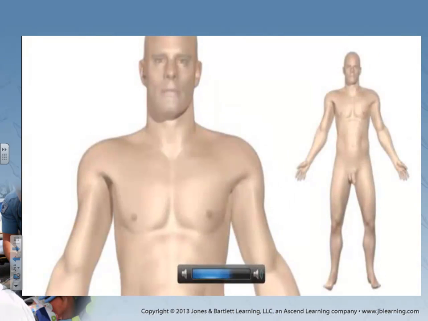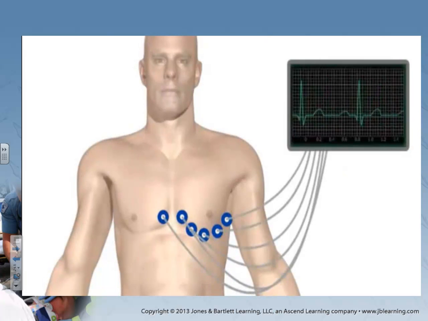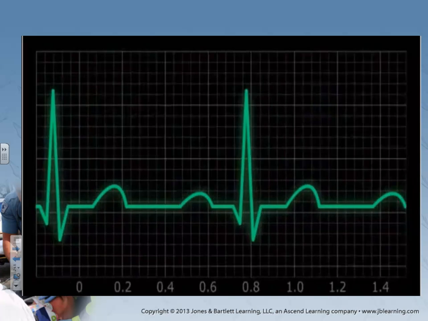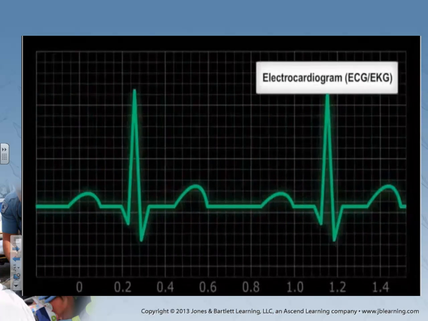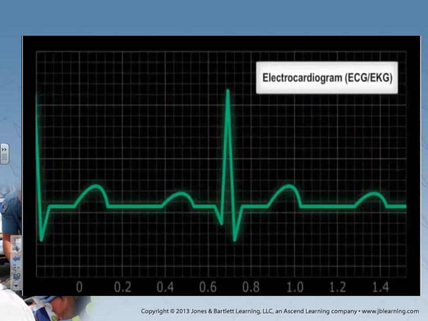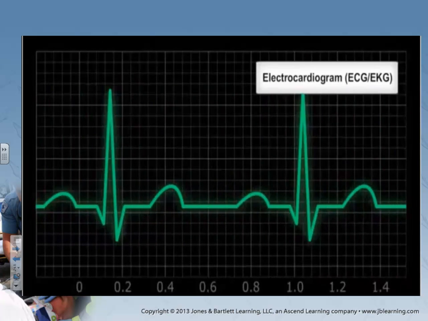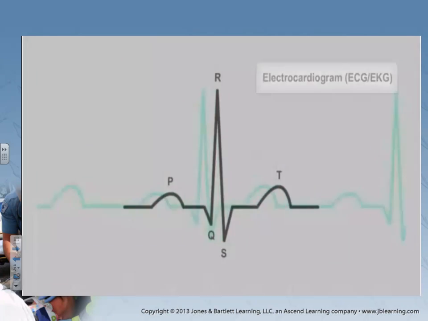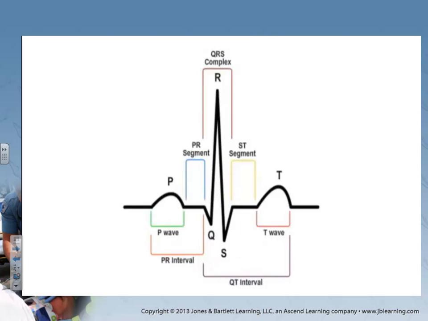This electrical activity can be measured at electrodes placed at specific points on the skin, from which a composite recording is produced in the form of a graph. This recording is known as an electrocardiogram, or ECG, sometimes referred to as an EKG, a tracing of the overall electrical activity of the heart, resulting from the propagation of many action potentials.